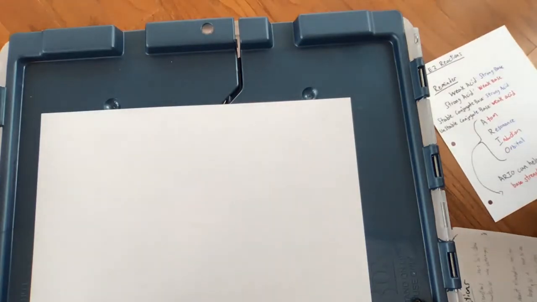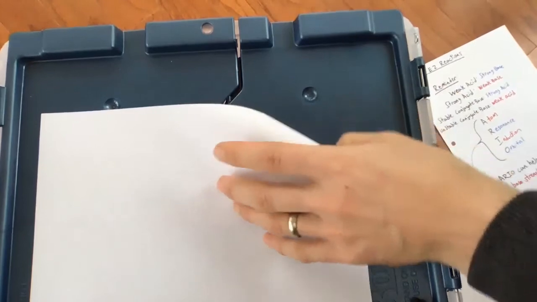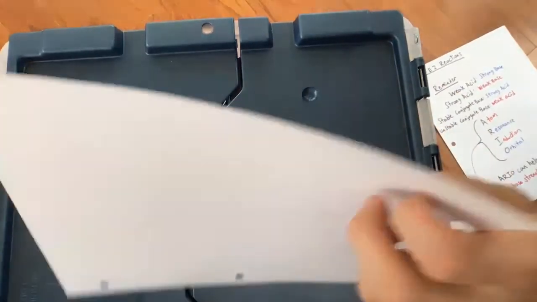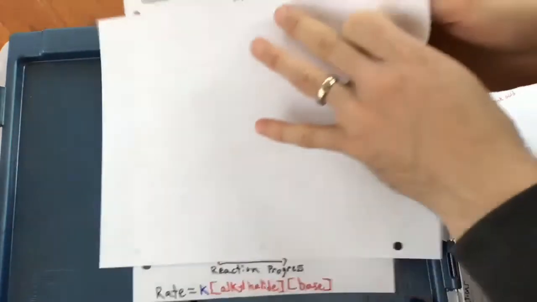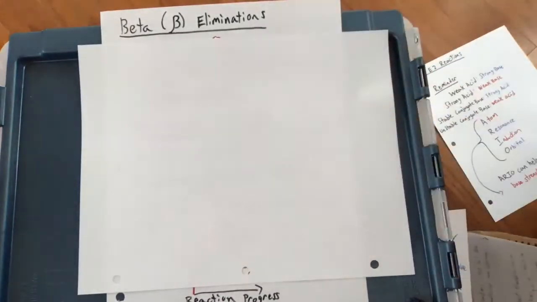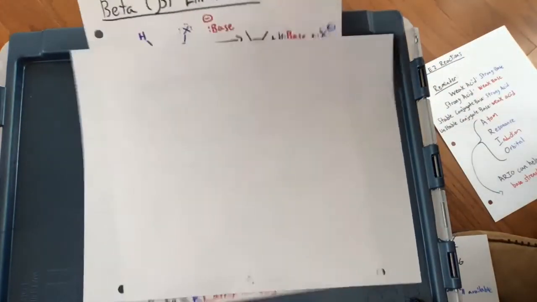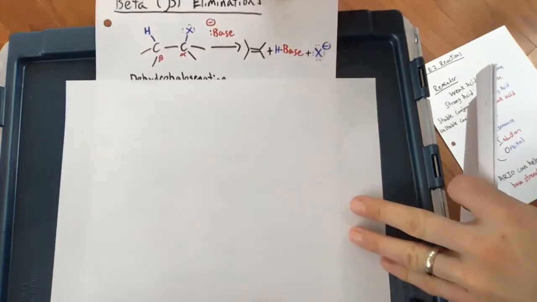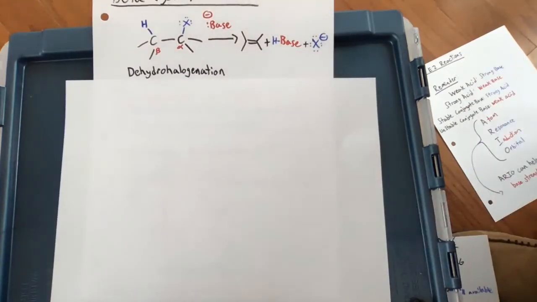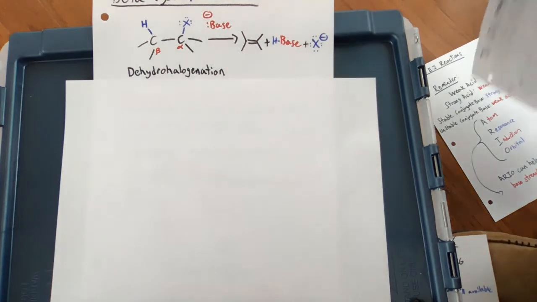And when we say elimination reactions, really what we're talking about is systematically describing one specific type of chemical reaction, and that is a beta elimination. And we say beta elimination because we are dealing with the beta carbon, such as in this reaction here.